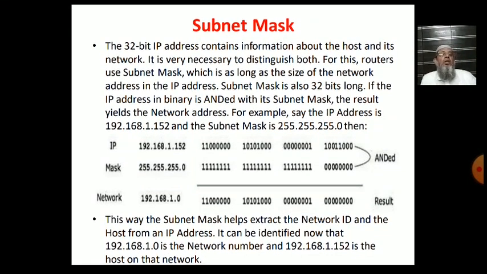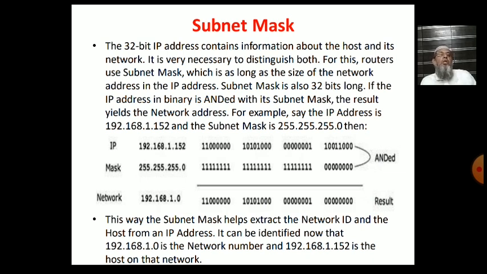Subnet mask: how does the subnet mask separate the network ID and the host ID? In this diagram we can see the IP address 192.168.1.152, converted to binary. The first octet is 11000000, the next octet 10101000, the third octet 00000001, that is the value of 1, and the value of 152 is 10011000.